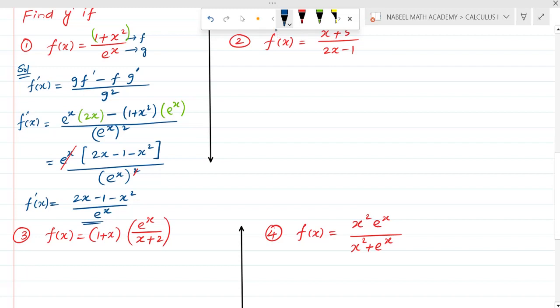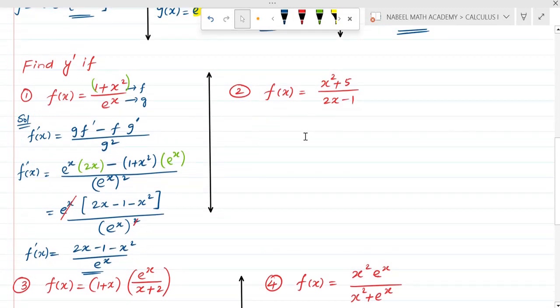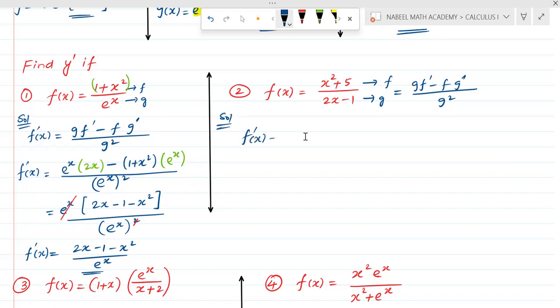Now similarly, the next one has a polynomial function in the numerator and denominator. In order to differentiate, I have to apply the f over g rule. What is the rule here? g square, g f prime minus f g prime. So the solution: f prime of x is equal to 2x minus 1 whole square. 2x minus 1 is fixed.